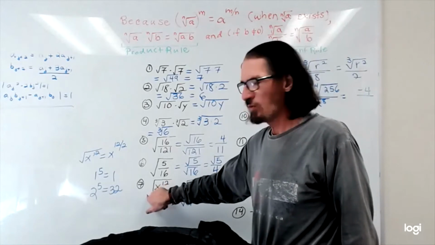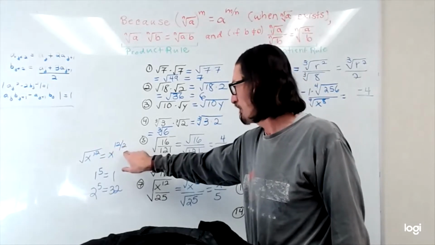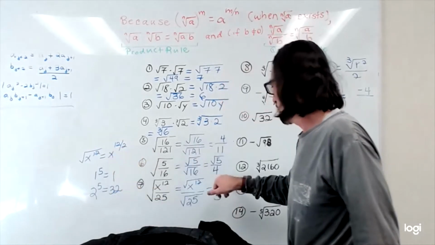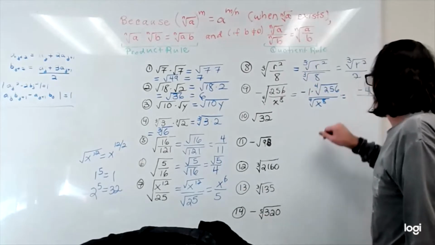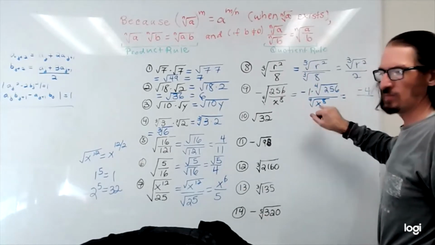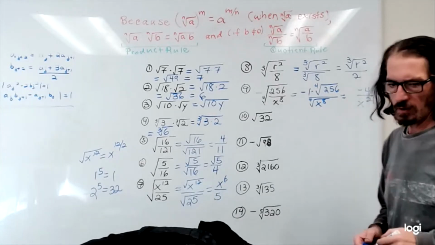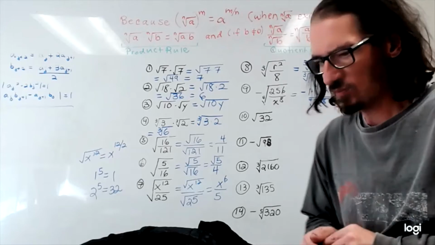Remember, the index of a square root is 2. We divided the exponent by the index and simplified that to x to the 6th. So here, dividing the exponent by the index, 8 divided by 4, we'll get 2. It's telling me this is -4 all over x squared.